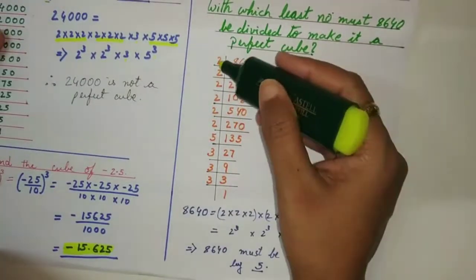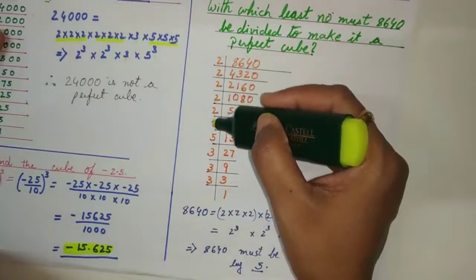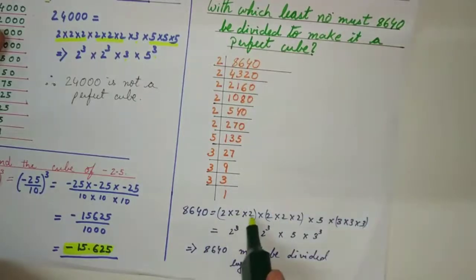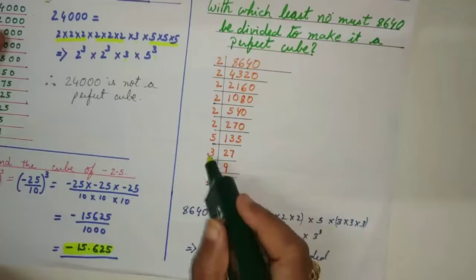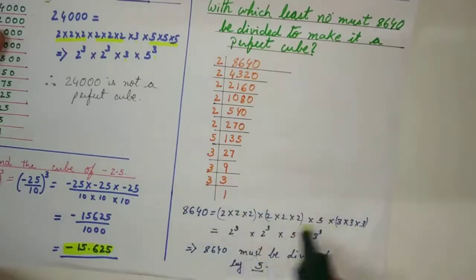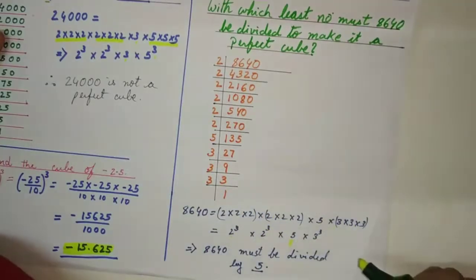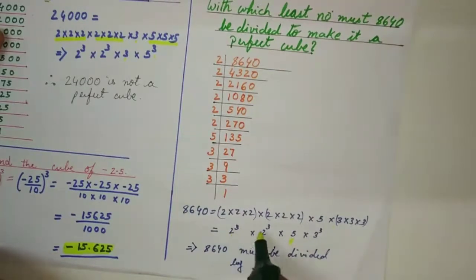So it is 1, 2, 3, 4, 5, 6 2's, 1 5 here and 3 3's here. So you can raise it to 2 cube, 5 and 3 cube. So perfect cubes for both the 2's and the 3's, and 5 is left alone. So the number must be divided by 5. If we don't have 5, we have a perfect cube.